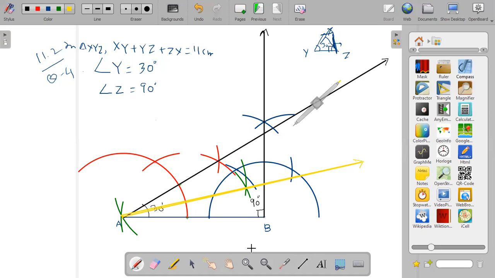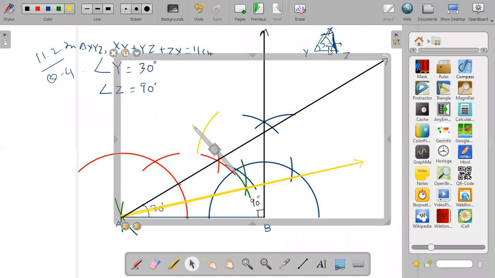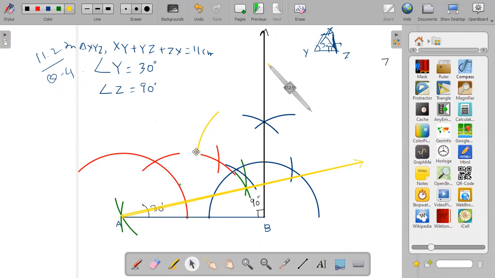Another bisector from 90-degree. Again, the same way, you can draw the bisector of 90-degree. From here, draw an arc, another arc, from this point, which will intersect the previous arc at this point.